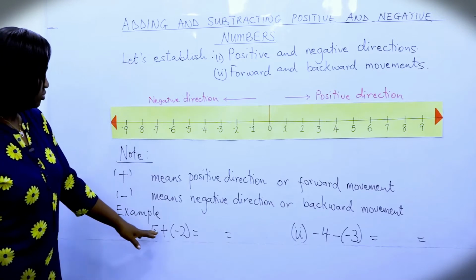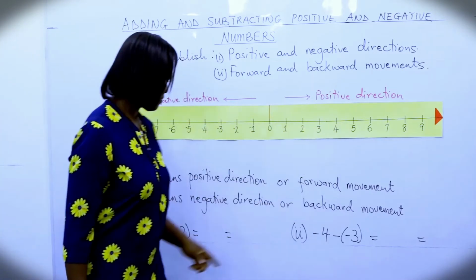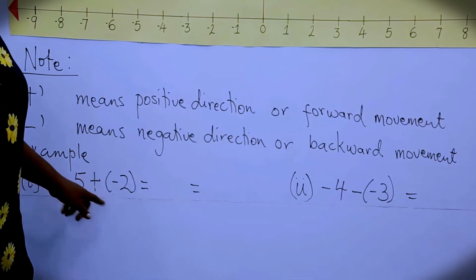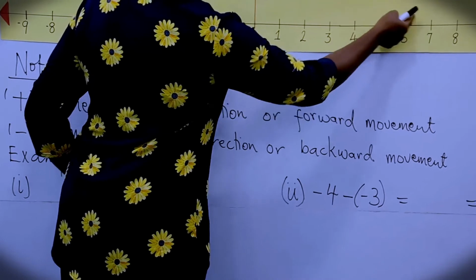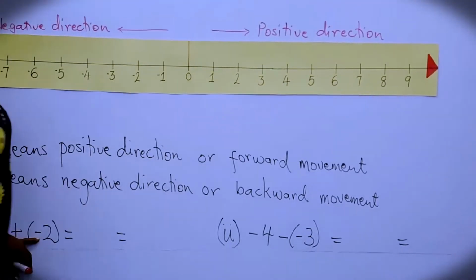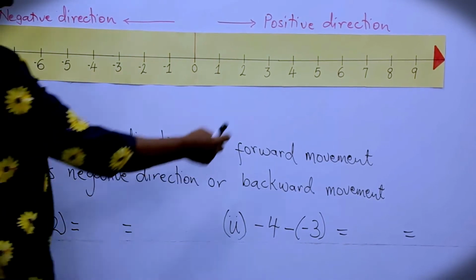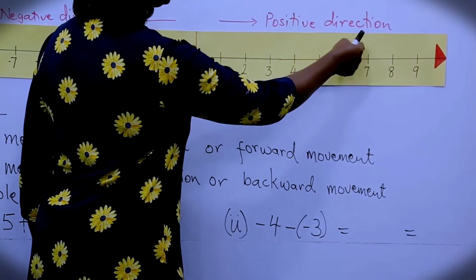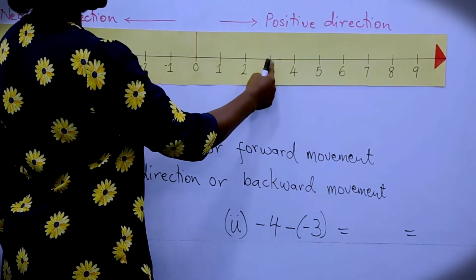So we're saying you stand at 5, positive 5. We face the positive direction. So that means we're facing this direction. But we are going backwards 2 steps. So stand at 5, face that direction, but go backwards 2 steps. 1, 2.